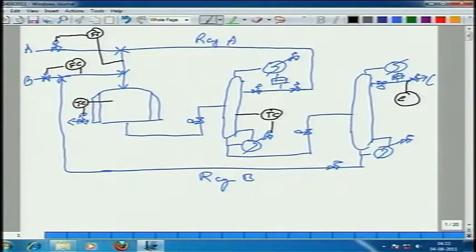So, you know how much A is contaminating it, and if too much A is going up the top, you can always adjust the set point of this chap, of the temperature controller. So, what would you do if too much A is going in the product? What would you do to the temperature set point in this column? You will increase the temperature, right, so that A is sent up, yeah, and so on so forth.